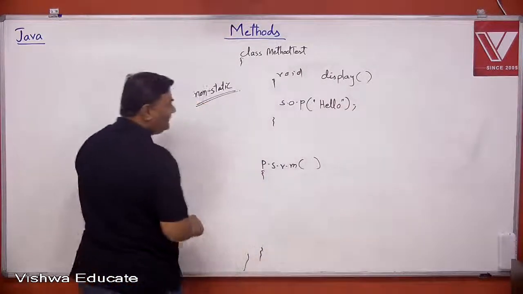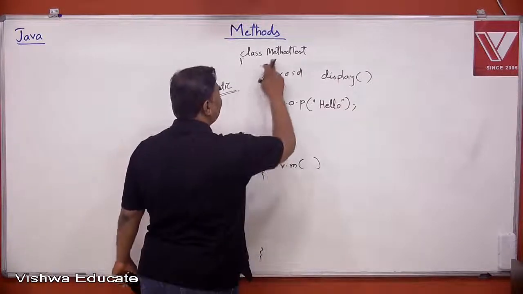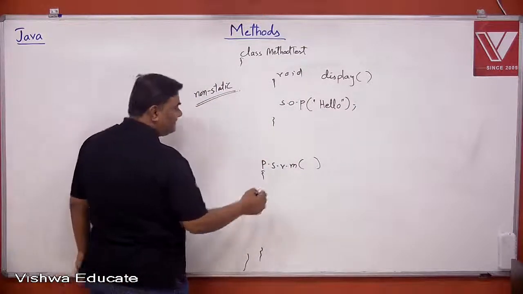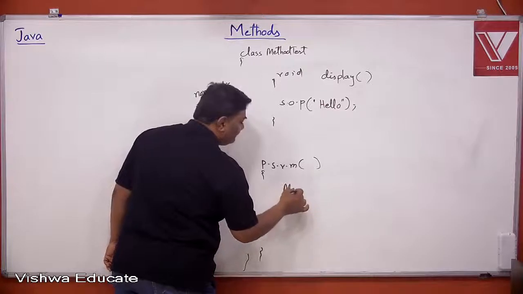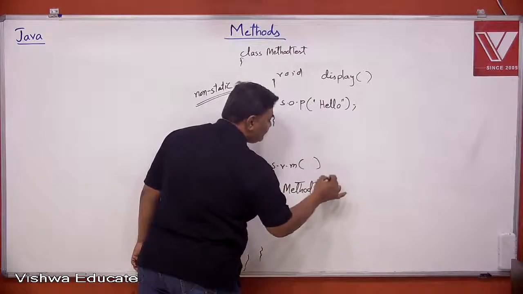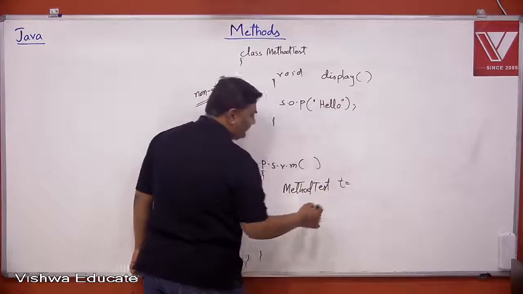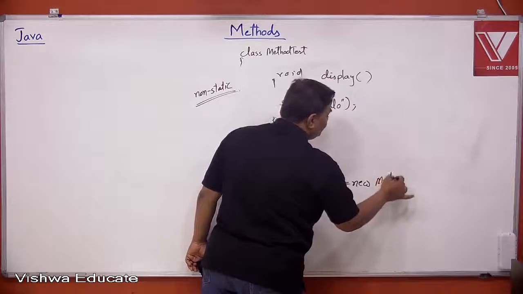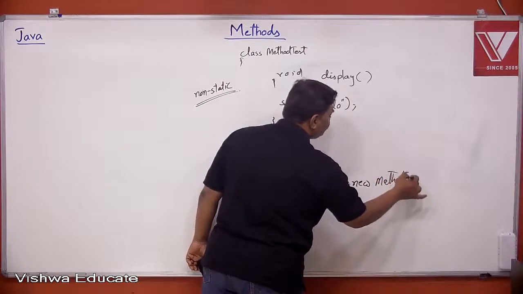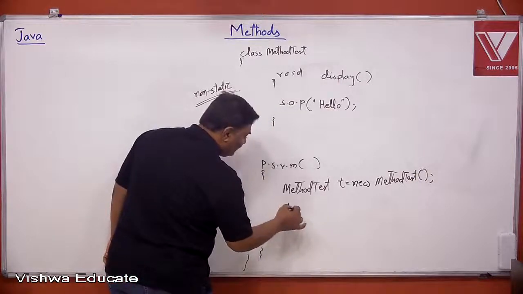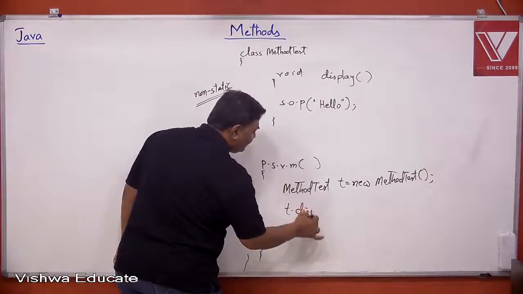For calling a non-static method inside a main method, first of all create an object of the class type: Test t = new Test(); and then t.display().